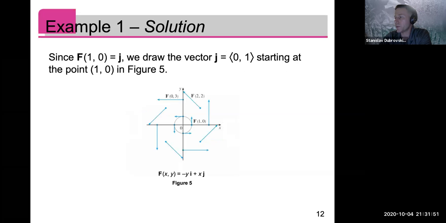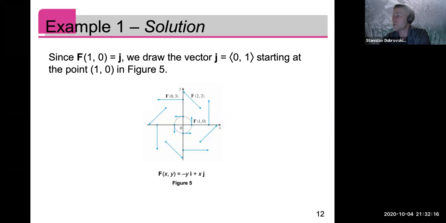So let's be a little bit more systematic and plot a few with what is common between these two: that we are trying to keep the points x, y at the same distance from the origin. So for instance, here they are all at distance 1, on the unit circle. It appears that this vector field is indeed tangent, at least to the unit circle.